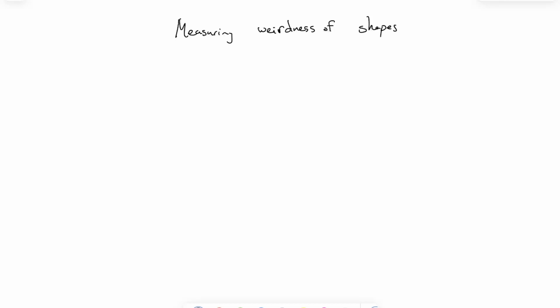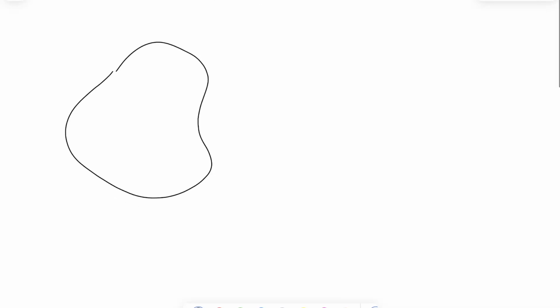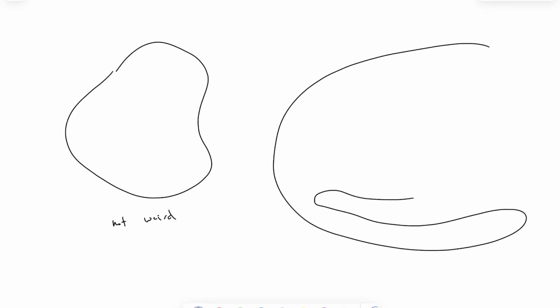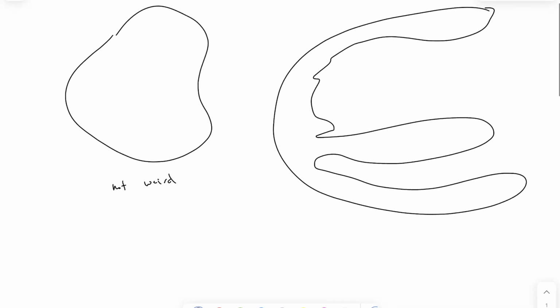You know, if somebody is trying to draw super crazy shapes on a map, the basic idea is if your shape is kind of like that, this is, I would say, not weird. Whereas if your shape is some kind of crazy wormy thing, this is very weird.